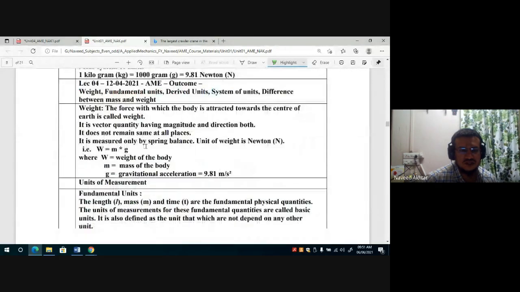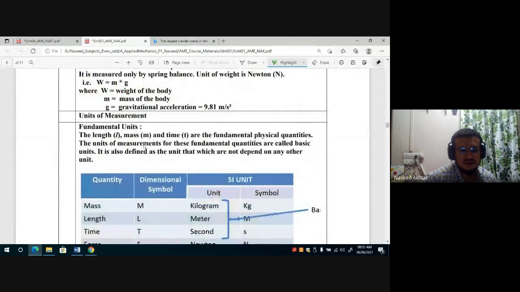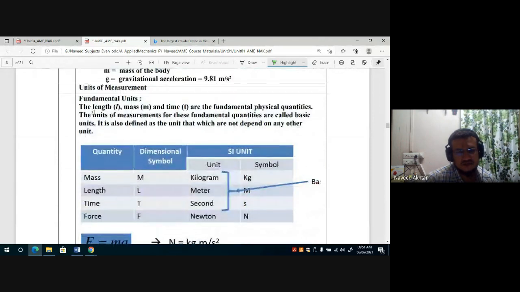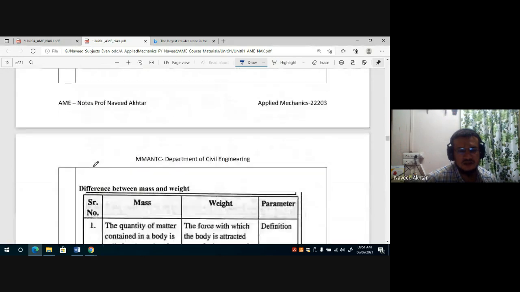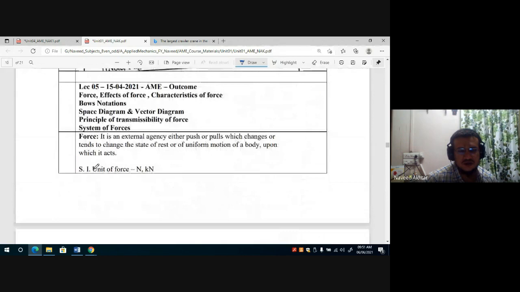We have also studied the fundamental quantities, that is mass, length, time, and force, which we already studied in unit number one, and then we have seen the fundamental units and derived units.